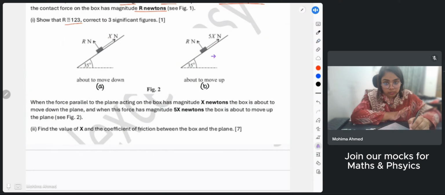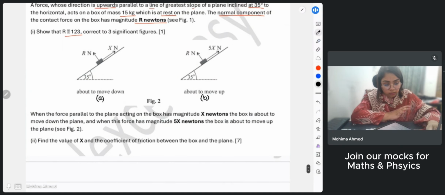So I'm obviously going to draw components over here first.